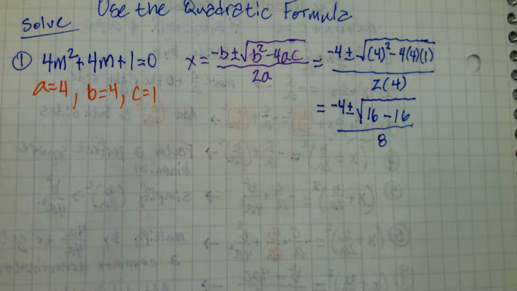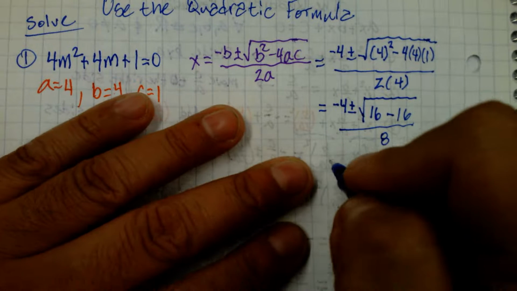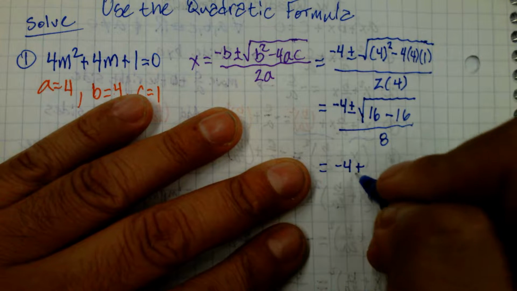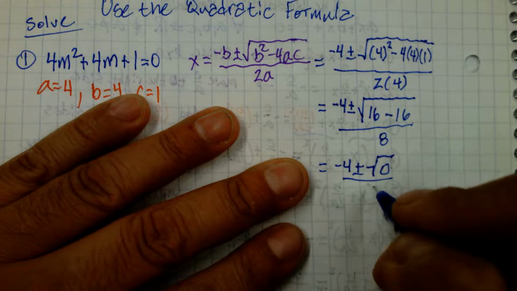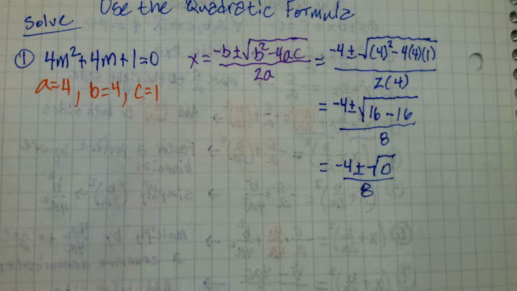Okay. Well, simplify what's inside the square root. 0. So now I get negative 4 plus or minus square root of 0. That's going to be one solution, all over 8. And that's one solution, right?